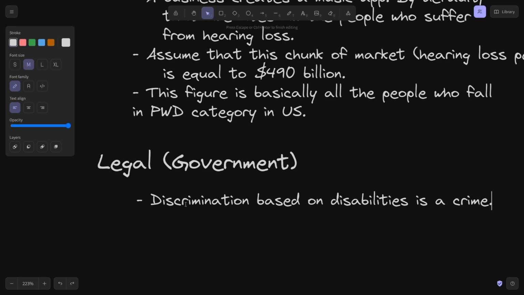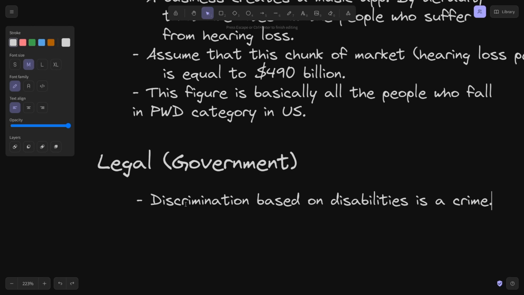So outright, you cannot do that, right? Now the problem is how far this particular law applies in your country. And there might be countries where this also applies in digital space as well.